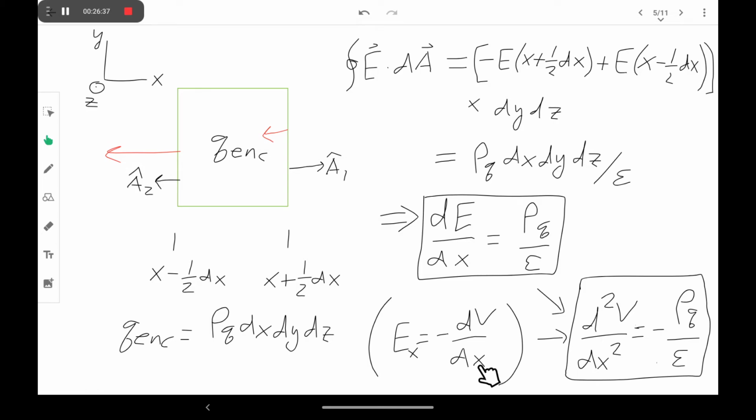And so if we take this and plug it in for E, then we end up with this very important equation that tells us how potential is related to that density. And potential is a lot easier to work with. You can measure potentials by putting in little probes. Electric field's a lot harder to deal with. But we can now measure the potential as a function of this charge density. And this equation is called the Poisson equation.